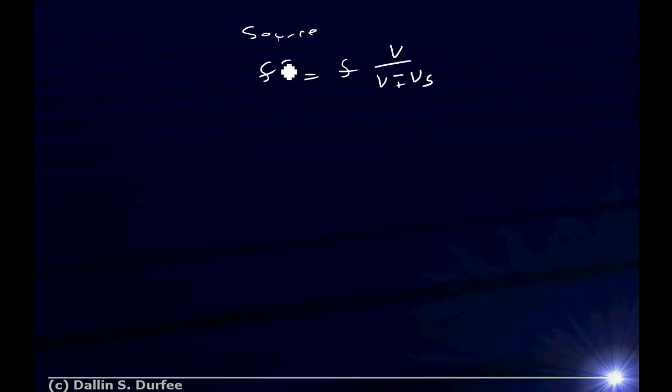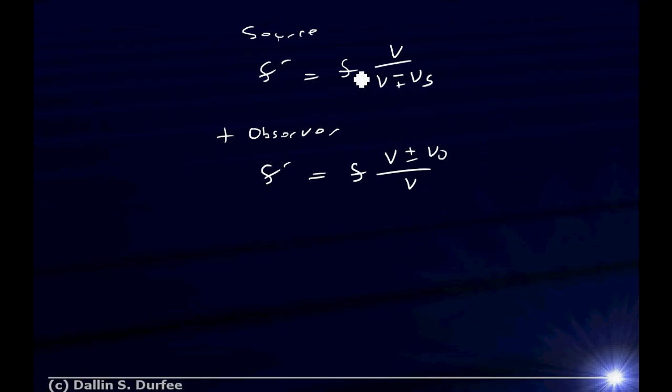Because the source is moving, the wavelengths in the medium are changed. And if the observer is moving, we had f times v plus or minus v observer over v.